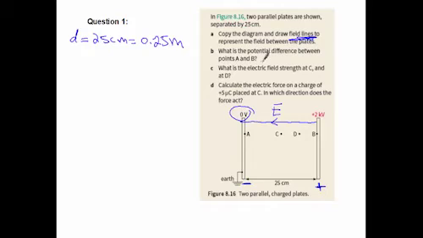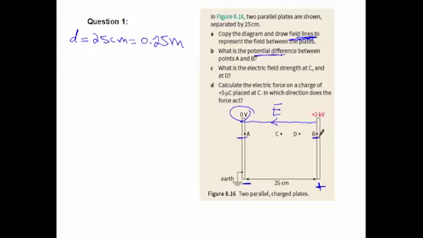Now what is the potential difference between points A and B? This is point A and this is point B. Point B is on the positive plate, so it should have the potential of positive 2 kilovolt.